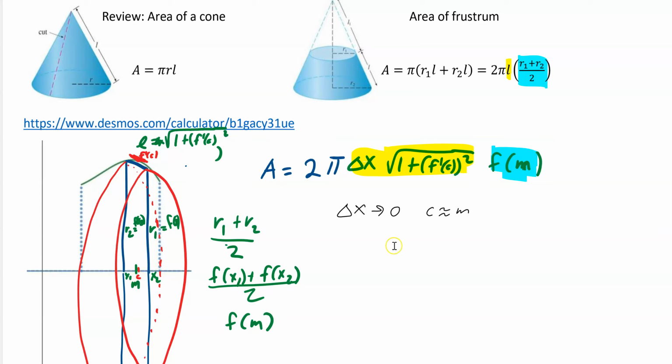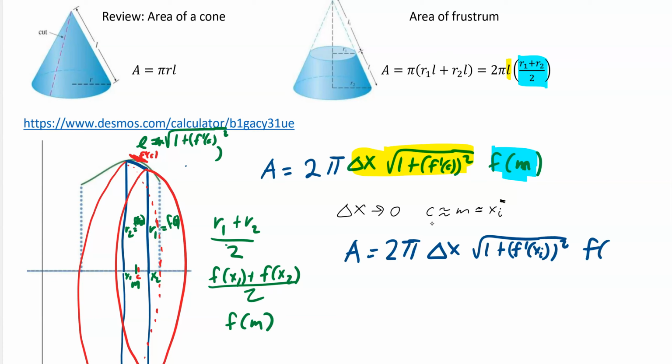So what we can do now is just change that c and m to just some xi value that we want. And they like to use a star on there like that. Okay, so they both are basically xi. And so we end up now with this formula. A equals 2 pi delta x square root of 1 plus f prime of xi squared f of xi.